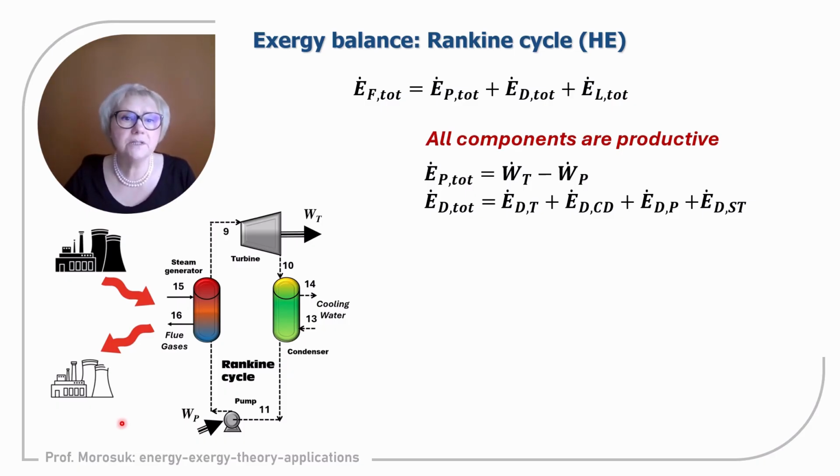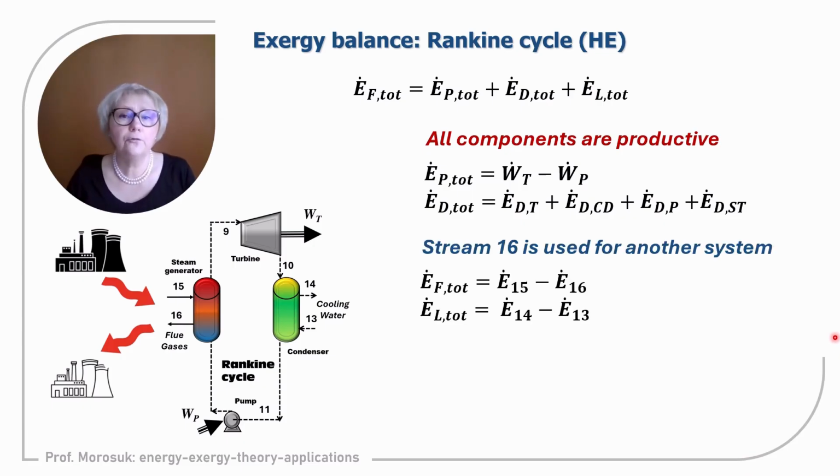So our responsibility is only to use exergy from state 15 to state 16. Then fuel of the system will be 15 minus 16, similar to what we discussed before, and losses of the system will be associated only with the condenser if the condenser is a productive component.